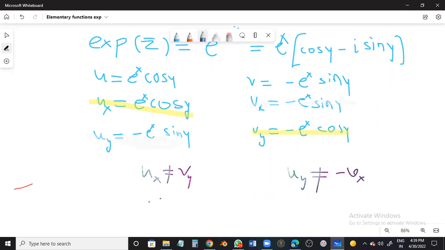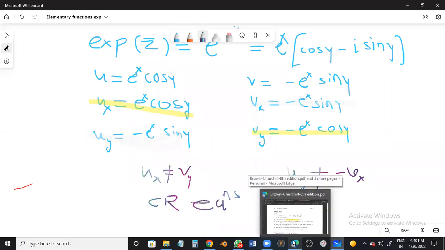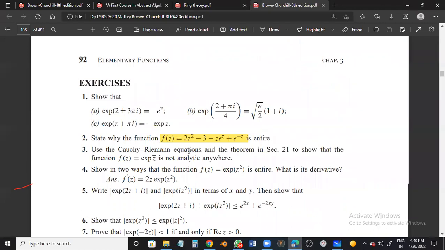CR equations fail. And because CR equations fail, the function cannot be differentiable. Got the point? Okay. So third question is also over. It is not analytic anywhere.